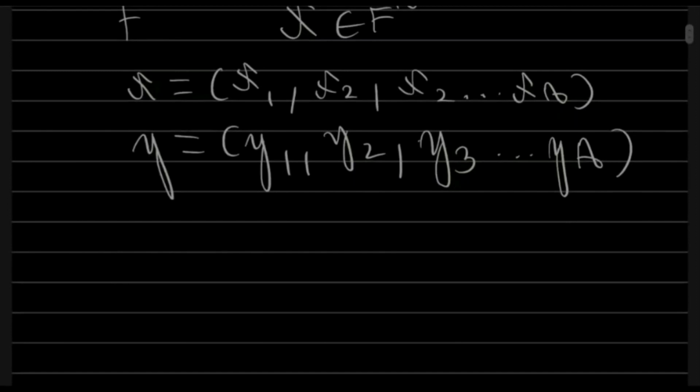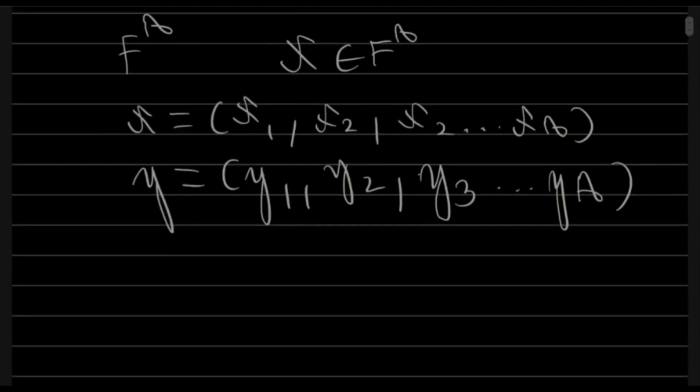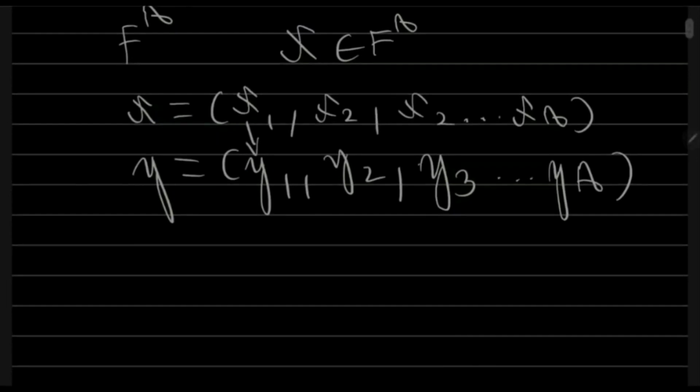Okay. To add these two vectors, we take one scalar from an index and add it to the scalar from the opposite vector at the same index for all indices.